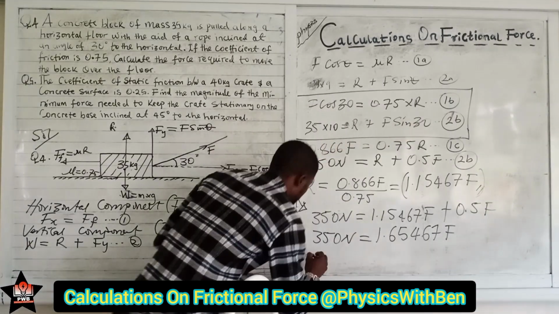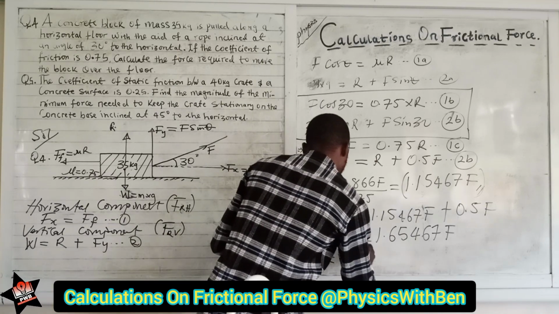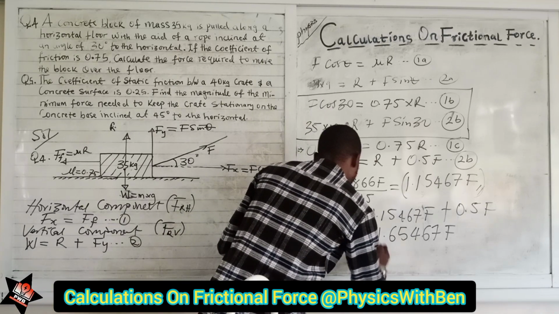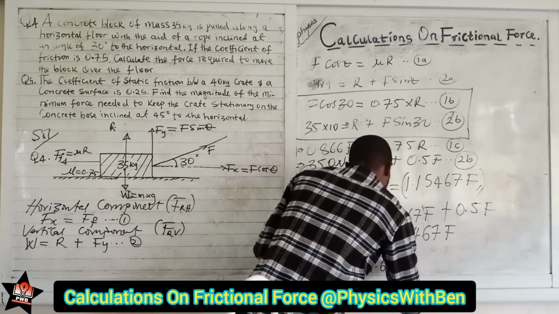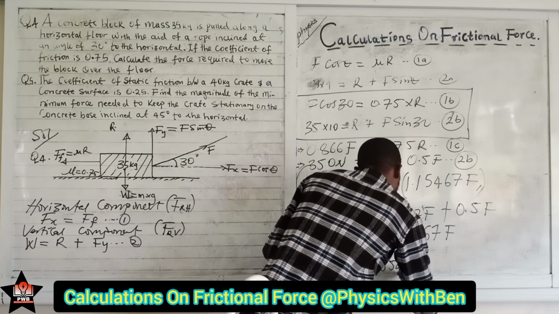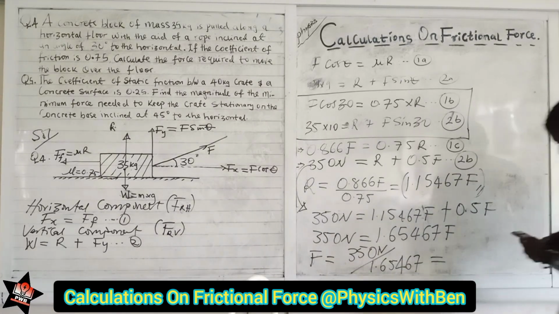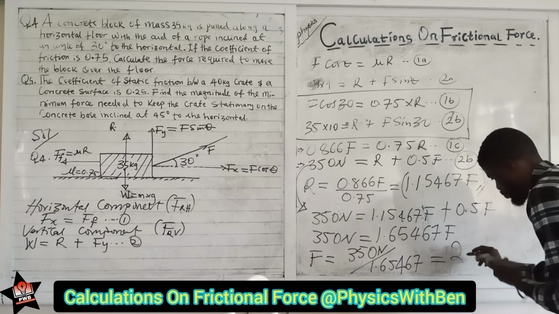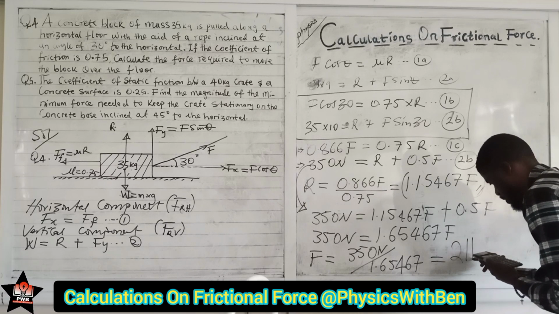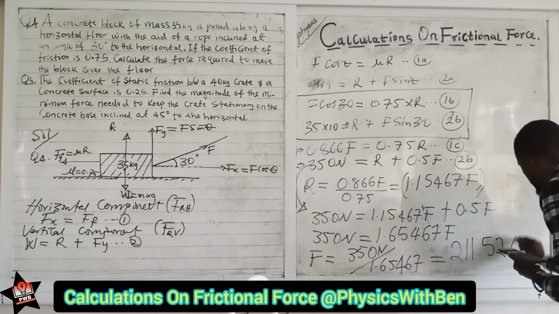So we write that F is equal to 350 Newton divided by 1.65467. Do that correctly, 350 divided by that, we have 211.52 Newton.